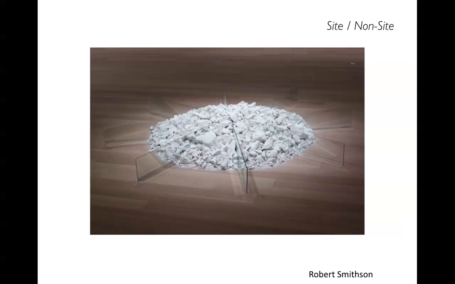He often used mirrors to divide up, but also to kind of infinitely reflect these natural environments. So in a certain sense, they are very finite. They're condensed to this small amount, both spatially and in number of pieces or number of rocks in this case. But mirrors have this way of reflecting infinitely, right?